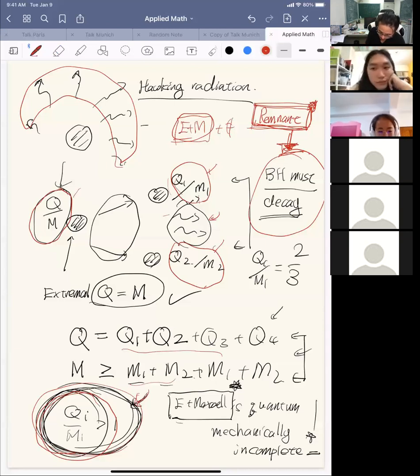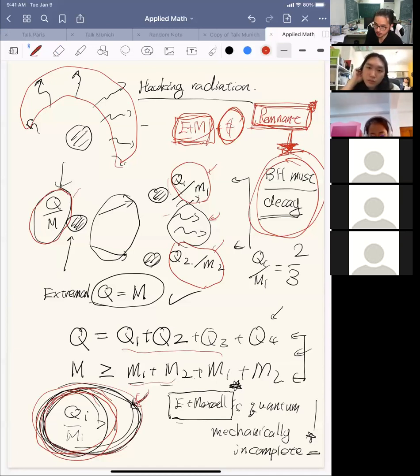Okay, good. So if we accept that black holes must decay, this gives you a principle now. Any quantum mechanical extension of Einstein plus Maxwell theory must be such that it allows new objects where Q over M is bigger than 1.